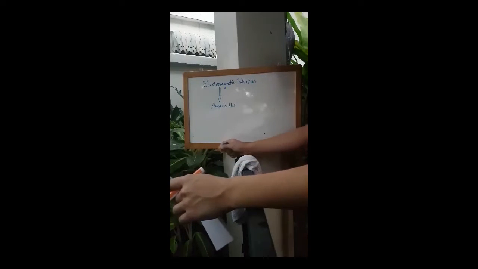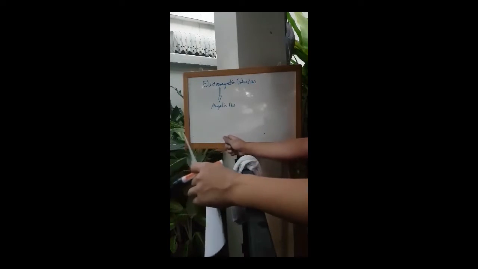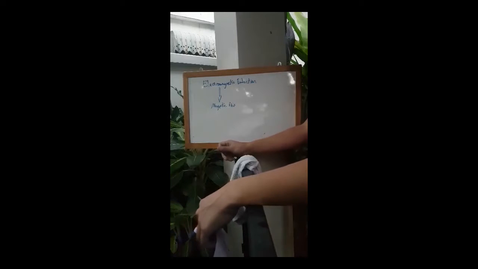Electromagnetic induction. To understand this, we have to understand magnetic flux. And what is it? It is how the conducting material is affected by the magnetic field. What do I mean?